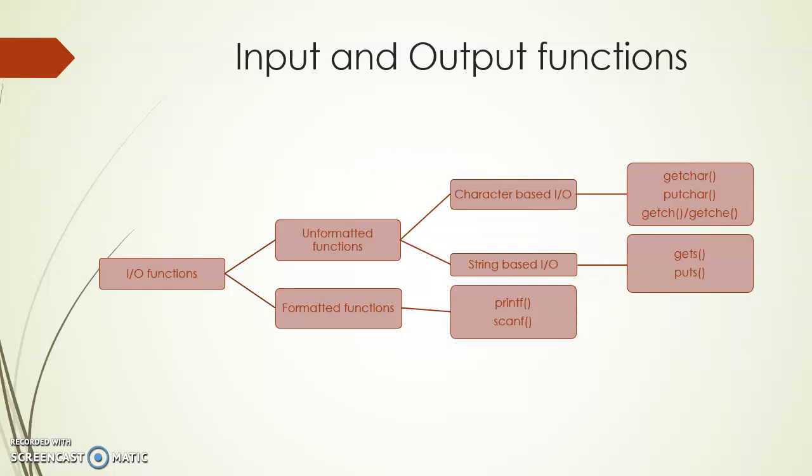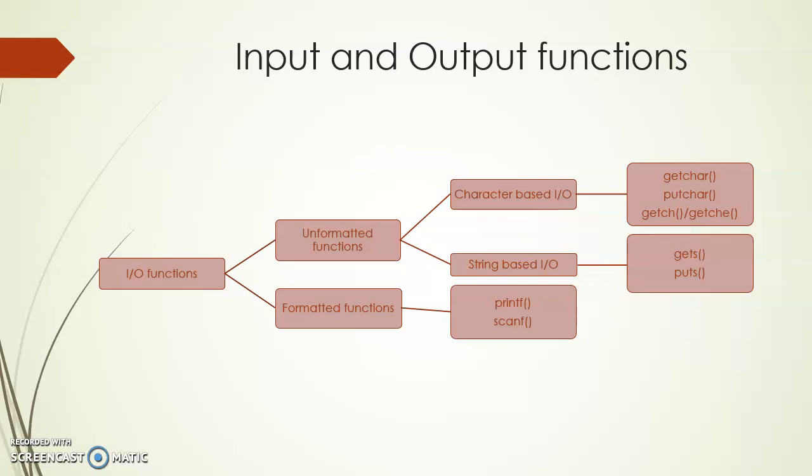They are the most basic IO functions, which are sometimes compact, efficient and simple, but they do not allow us to supply input or display output in a user-defined format. These functions are mainly used for character and string data types. Unformatted IO functions do not contain a format specifier, and more than one variable cannot be passed as an argument or parameter.